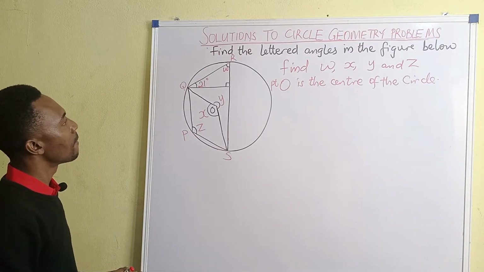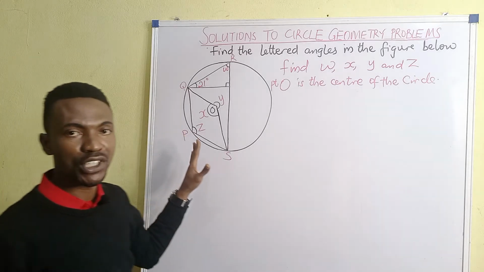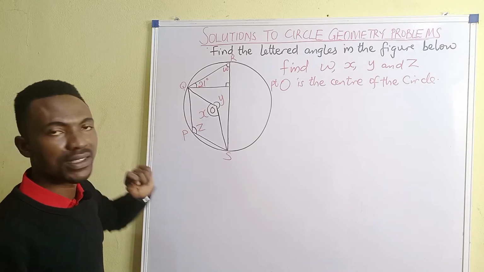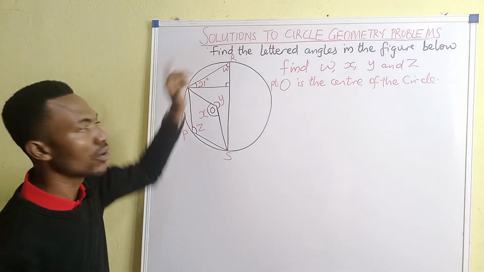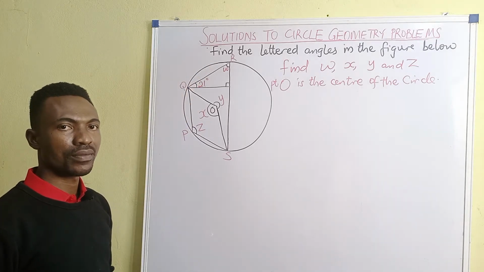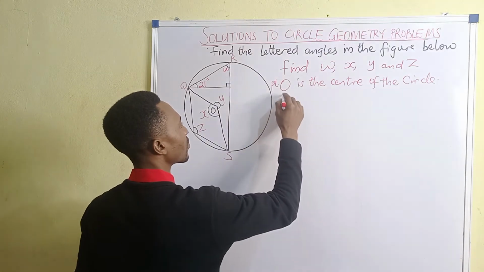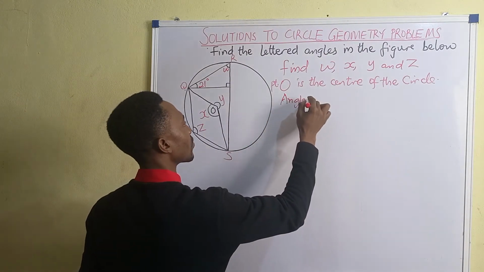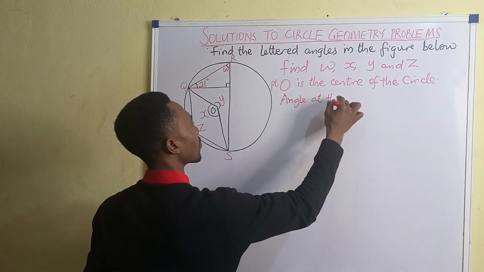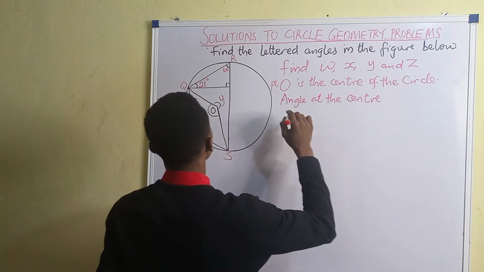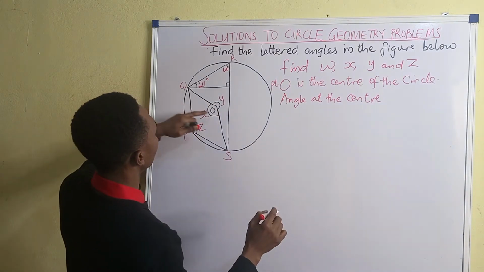Now, we can establish from this problem that there is an angle at the center and there is an angle at the circumference. So angle at the center, I have QOS.